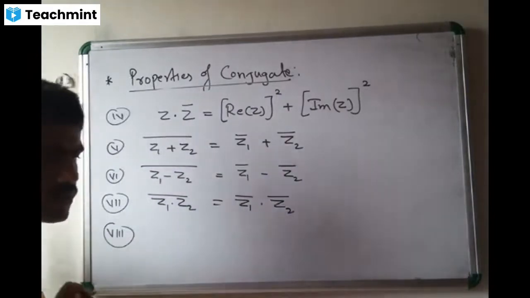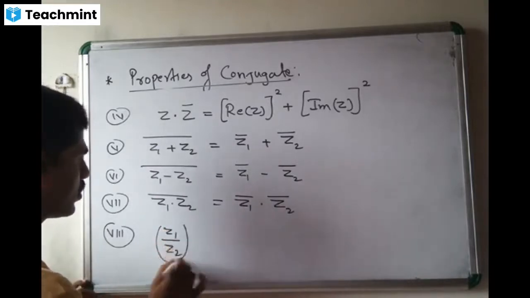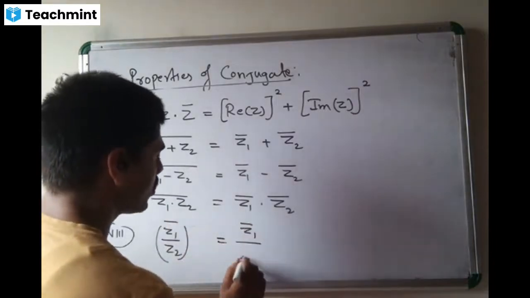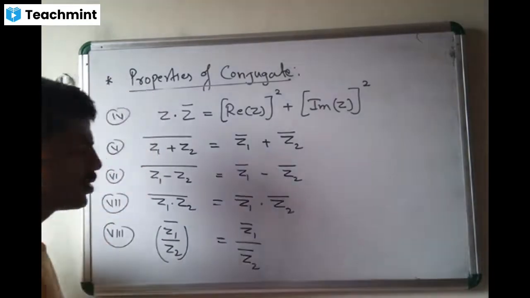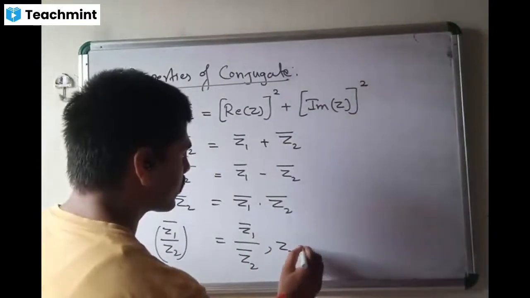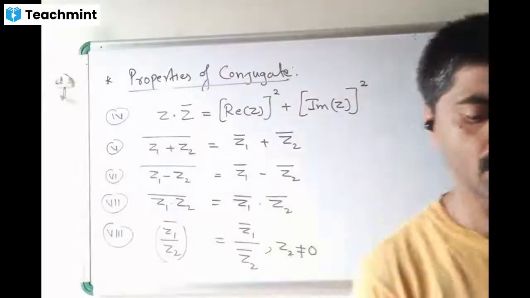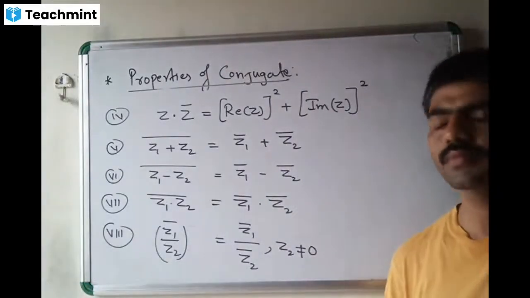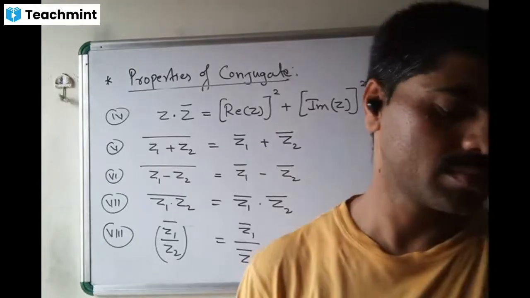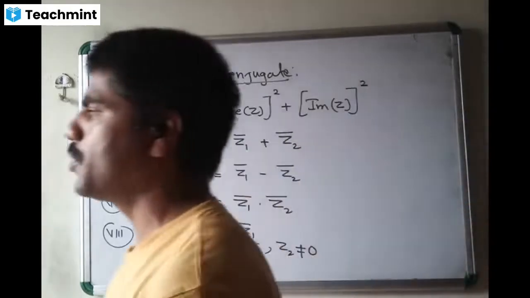Yes or no? Yes, sir. So these are the properties of the conjugate of a complex number, beta.